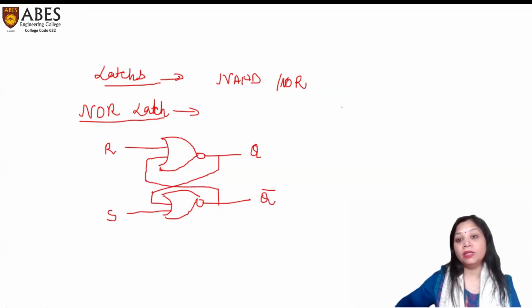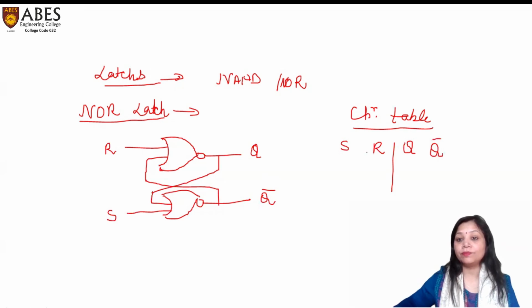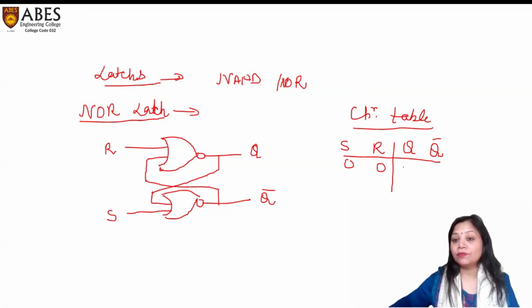Here I am making a table of this NOR latch, the characteristic table. This is set, this is reset, and these are the outputs Q and Q bar. Suppose set and reset both are 0, the output will remain the same. No change.